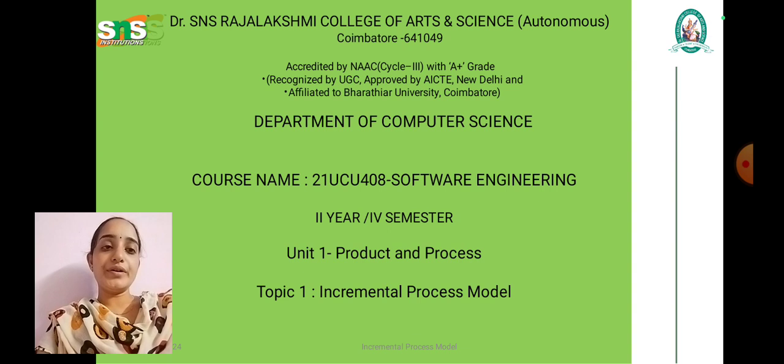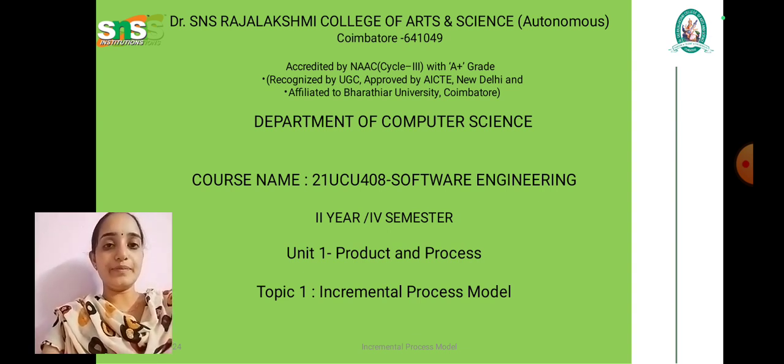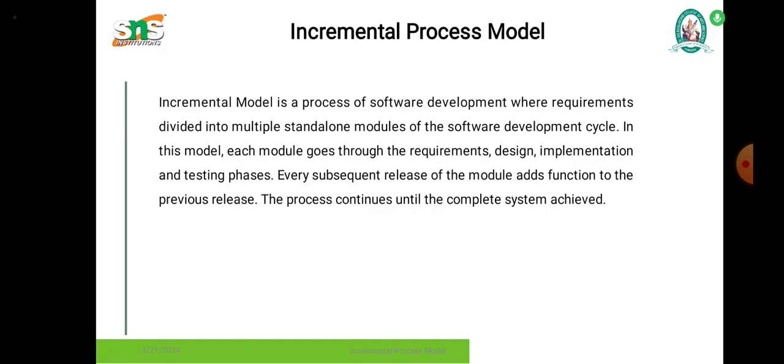Now we are going to discuss the incremental process model in the software development life cycle. The incremental process model is a process of software development where requirements are divided into multiple standalone modules.